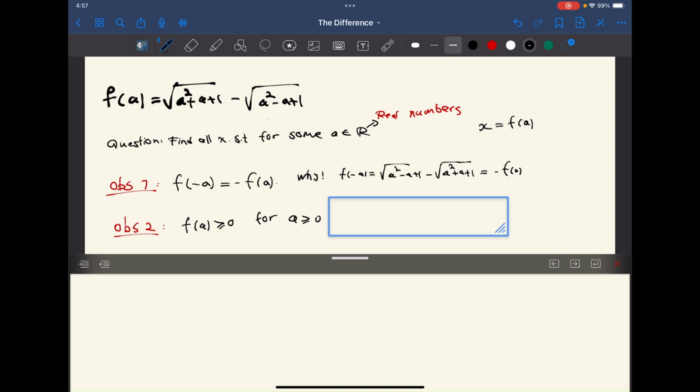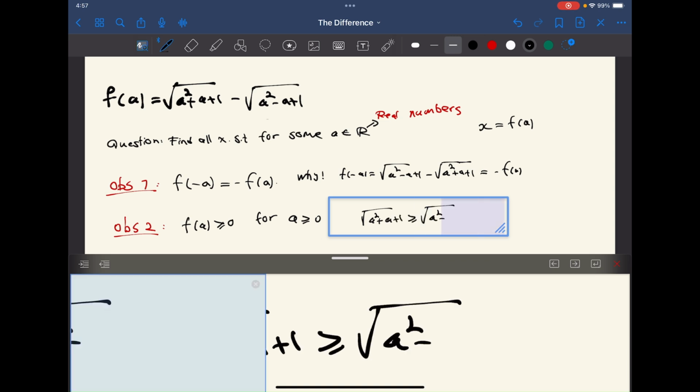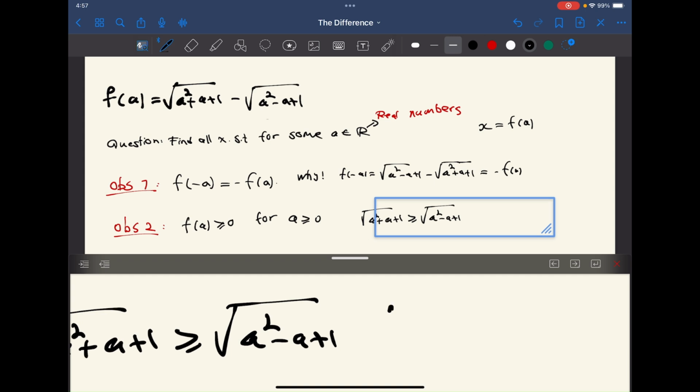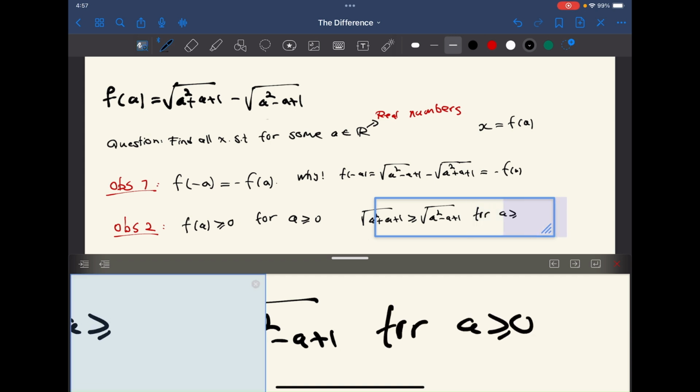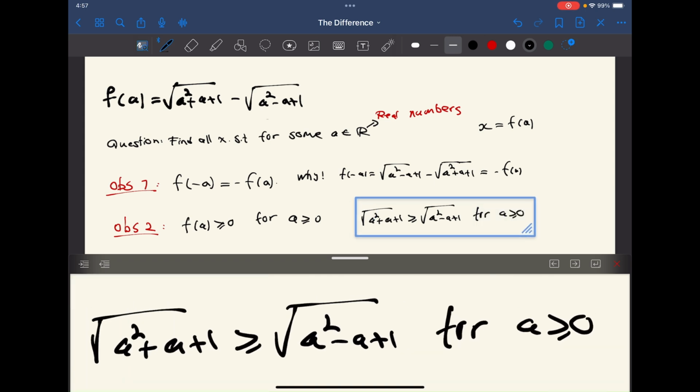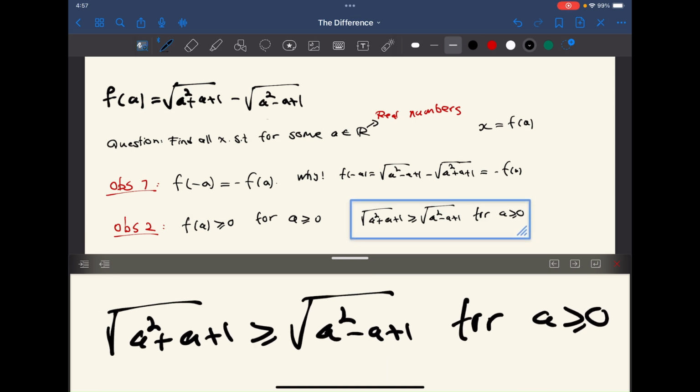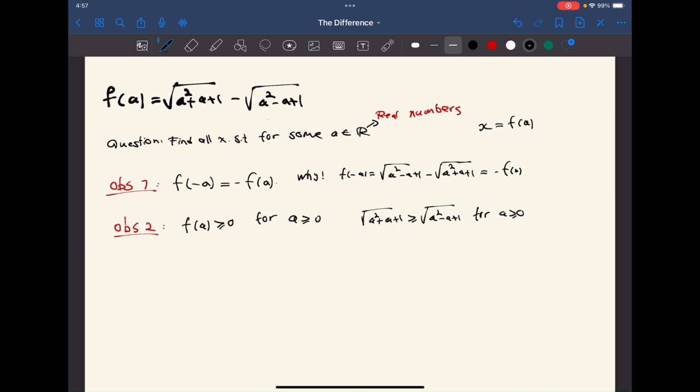And the second argument, why that's true, I need to show that root of a squared plus a plus 1 is larger than root of a squared minus a plus 1 for a non-negative. And notice that for both sides, the inside of the square root is a non-negative number, obviously, right?